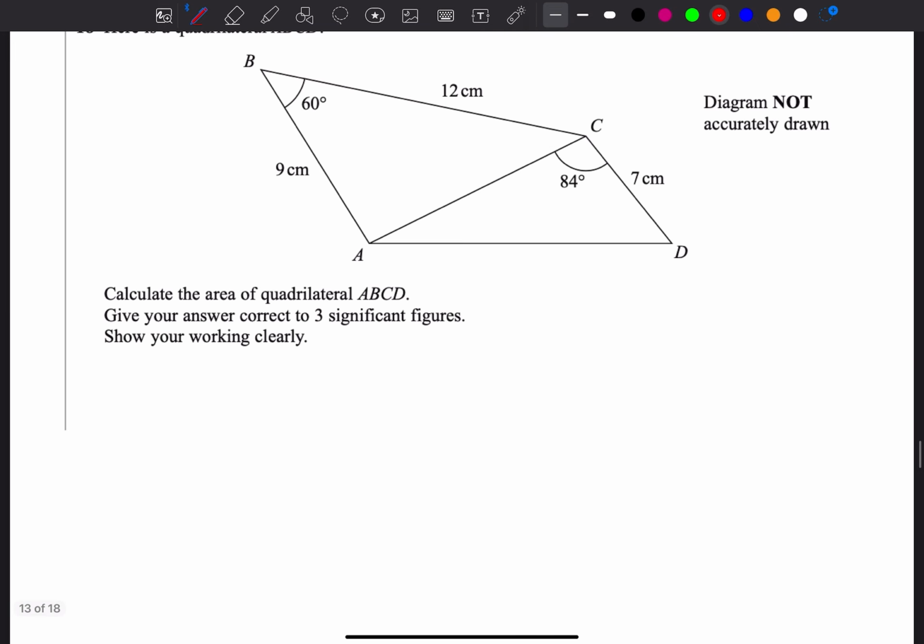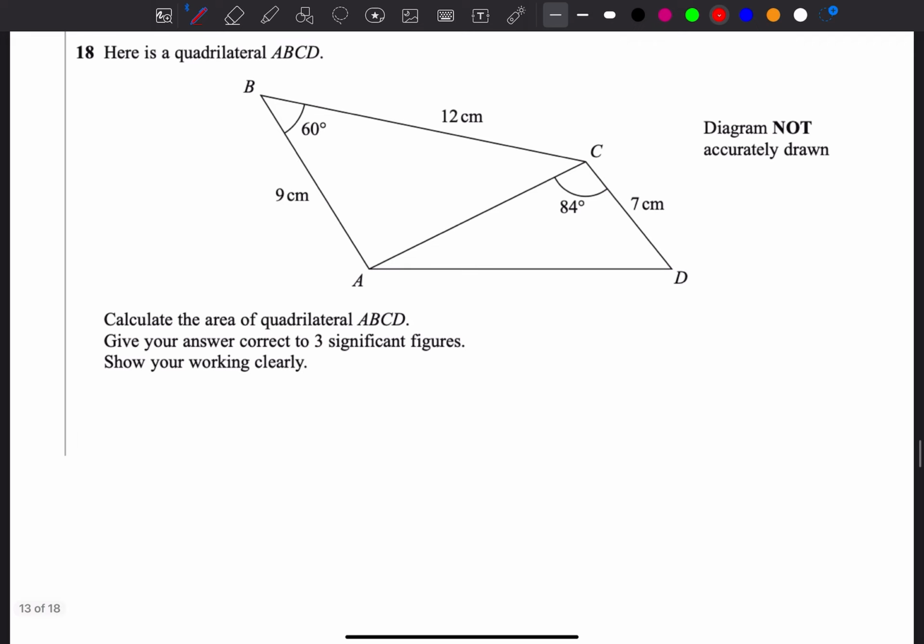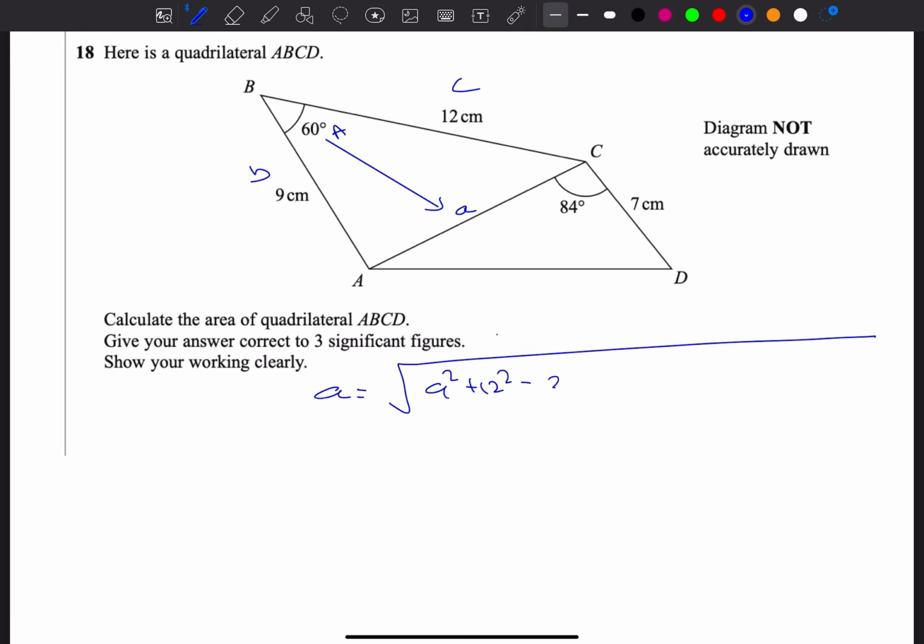Good. Next one. The area of this quadrilateral ABCD, give your answer to 3 significant figures. First I would like to work out this length. This is little a, and this is capital A, opposite, and b and c could be these. So what is a? a equals the square root of b squared plus c squared minus 2bc cos A, so 9 squared plus 12 squared, minus 2 times 9 times 12 times cos 60.